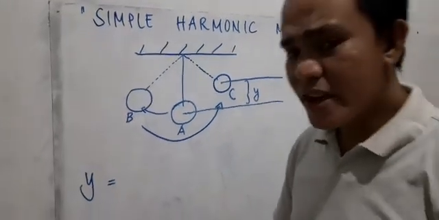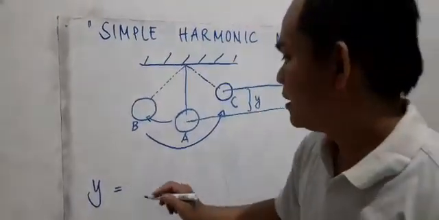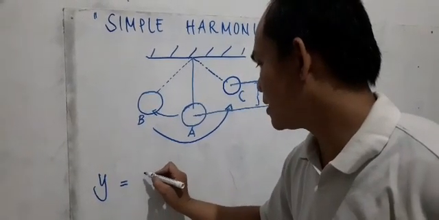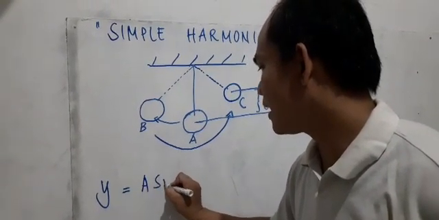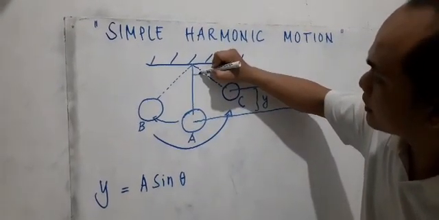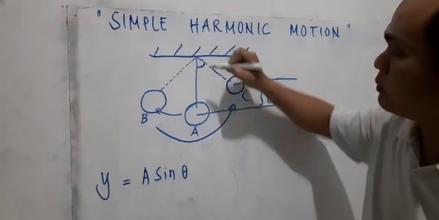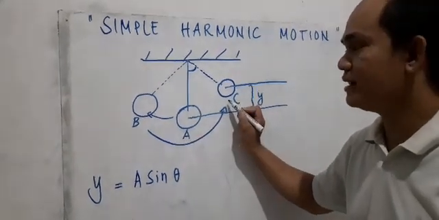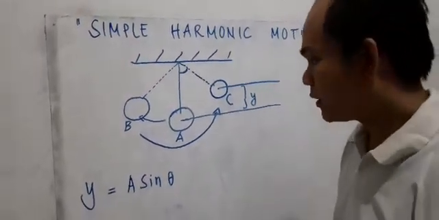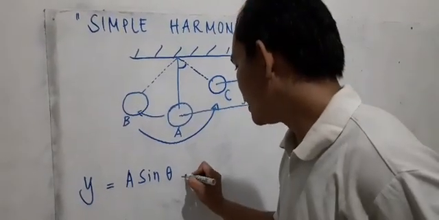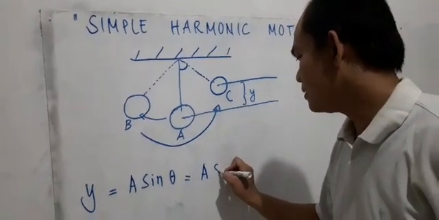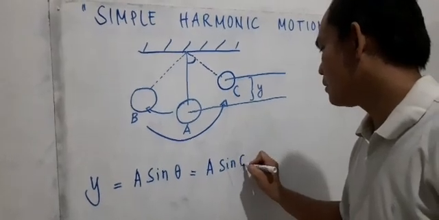The equation of the deviation of the pendulum is y = A sin theta, where theta is the angle of the pendulum from point A to point C, or the angle between point A and point B. Then it can be developed to become A sin omega t.